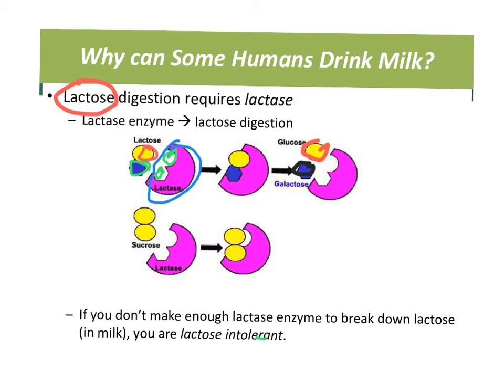Okay. At one point, in a number of different populations, there was a mutation in an individual. And what the mutation did was, in the promoter region, it kept the lactase gene producing lactase, the protein for breaking down milk.